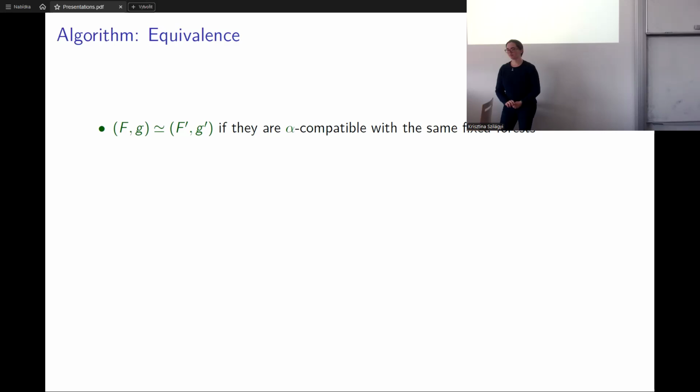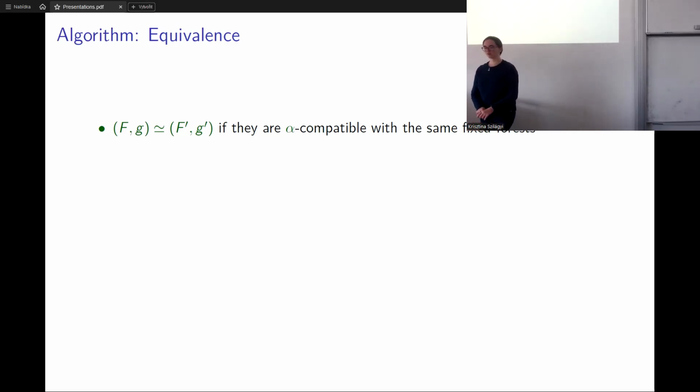So another thing that is sort of useful is to talk about what it means that two fixed forests are equivalent. In one of the previous slides, I said that I can replace some partial solution by just these paths, and even though they look different, I can treat them the same from now on, because whatever fixed forest I could combine the original with, I can combine the simplified version with also.